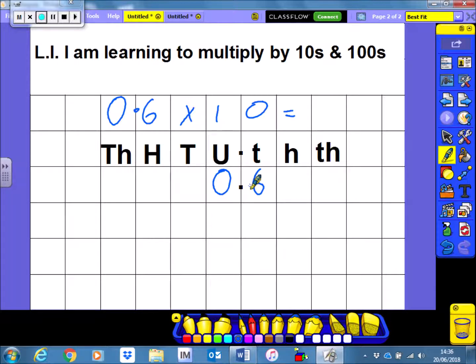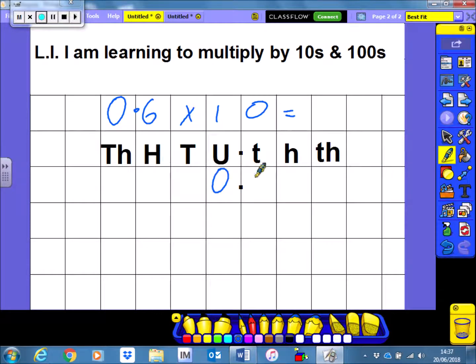If I think that I can just add a 0 on the end every time, what I'm going to get is 0.60, which is the same number as 0.6. That is incorrect. Just adding a 0 on the end is not the correct way to do this. It does not bring you to the correct answer.